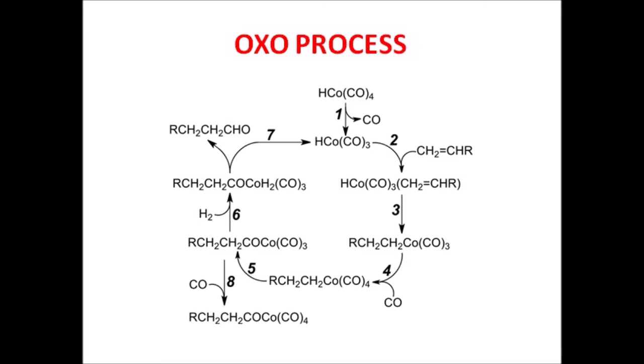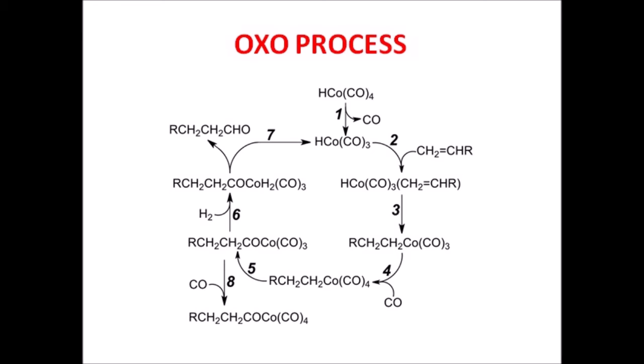So, let us come to step 2. Step 2 is the addition of alkene to the coordinatively unsaturated HCo(CO)4 to form a coordinatively saturated 6-coordinated alkene pi complex. Step 3 involves the insertion of alkene into the cobalt hydrogen bond to give an alkyl intermediate.